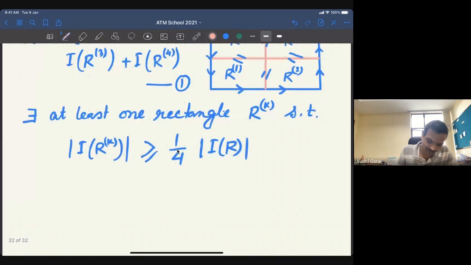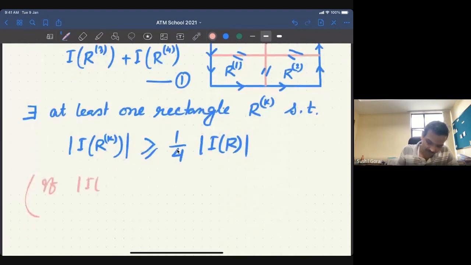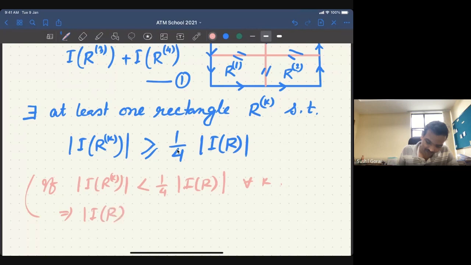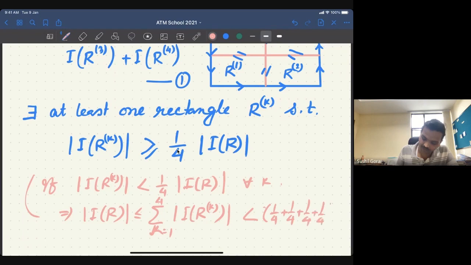So let me give a small argument. If the modulus of I_Rk is strictly less than 1/4 of the modulus of I_R for all k, that means the modulus of I_R, which is less or equal to the summation over k equal to 1 to 4 of the modulus of I_Rk, is strictly less than 1/4 plus 1/4 plus 1/4 plus 1/4 times the modulus of I_R, right?